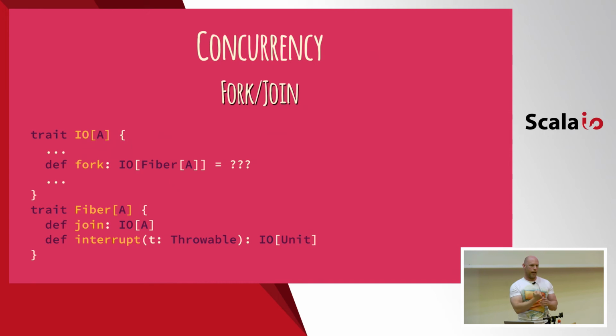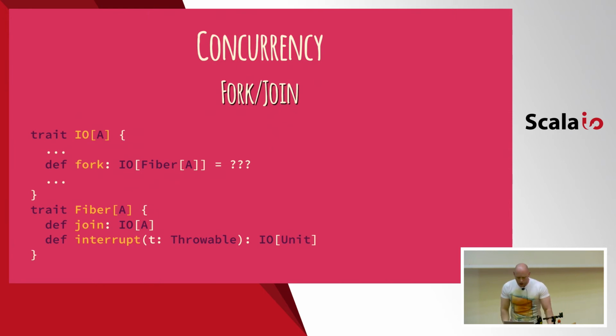It gives you a fiber of A. So you fork something and you get a fiber of A. And then what you can do with that fiber is one of two things. You can either join it, which is going to give you the value from the fiber in a non-blocking way, of course, or you can interrupt that fiber with some exception.